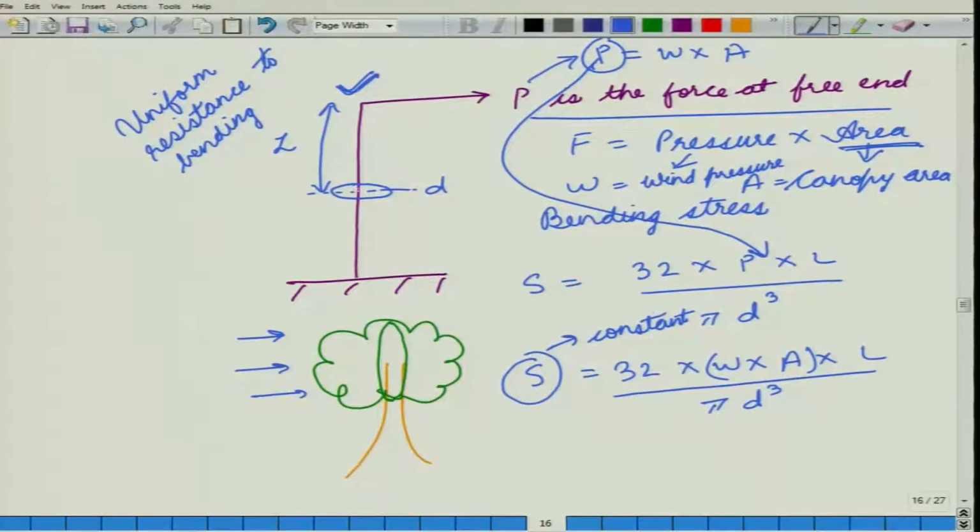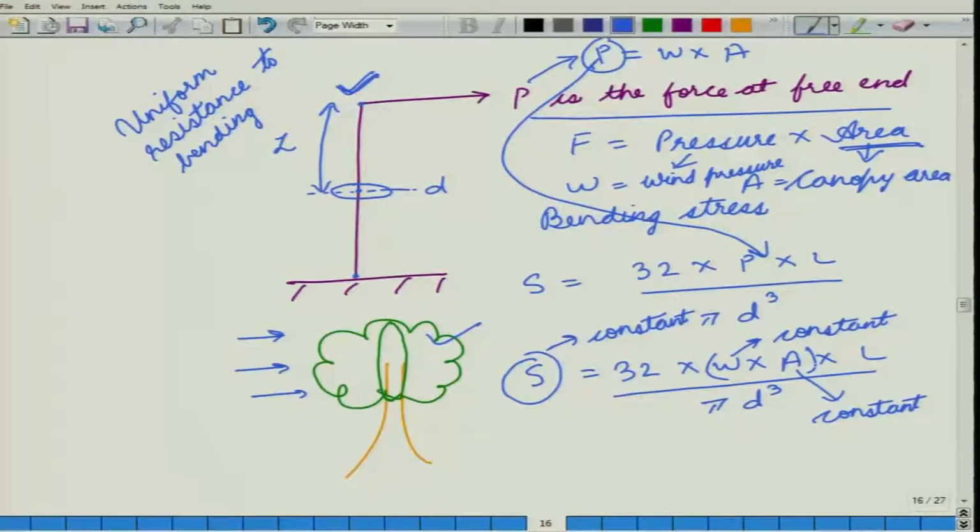So, essentially the stress that the beam is experiencing at this point, or at this point, are all the same. Now, S is a constant, W is the wind pressure at that particular area, so this is also a constant. A is the canopy area. Now, the area of the canopy is not going to change suddenly, so A is also a constant.